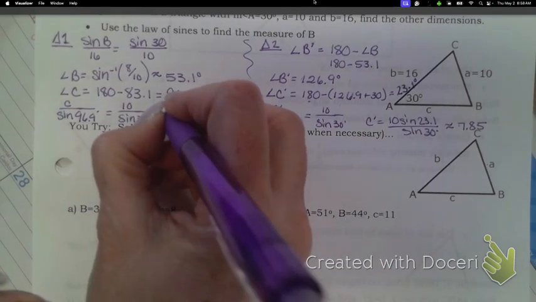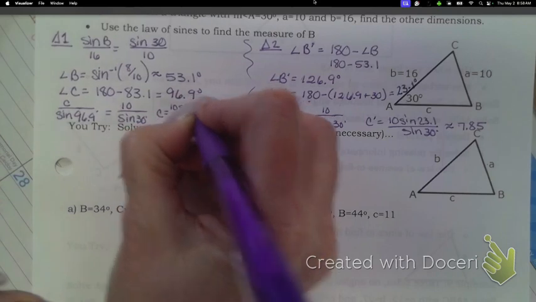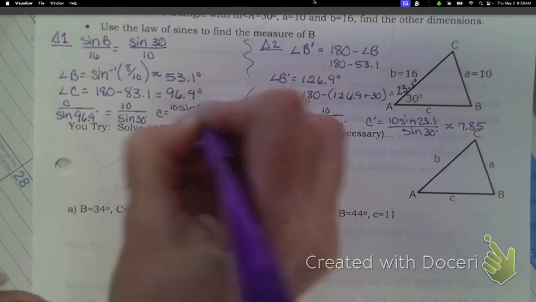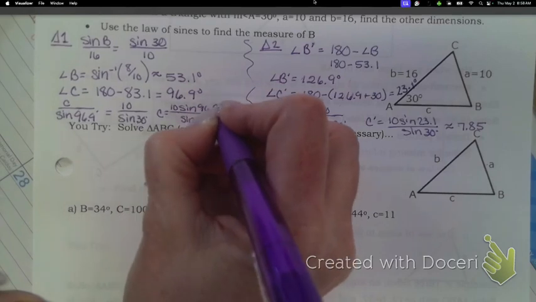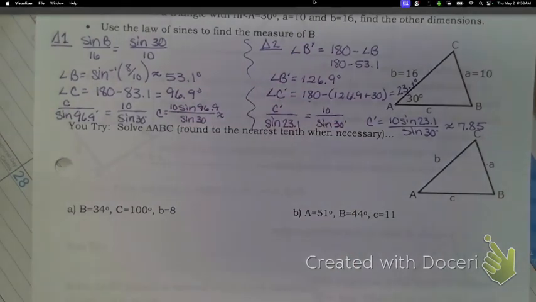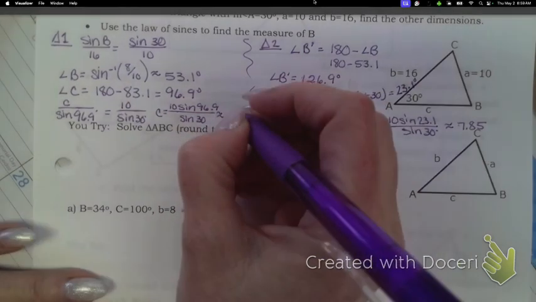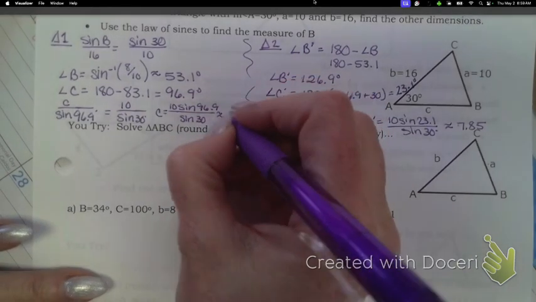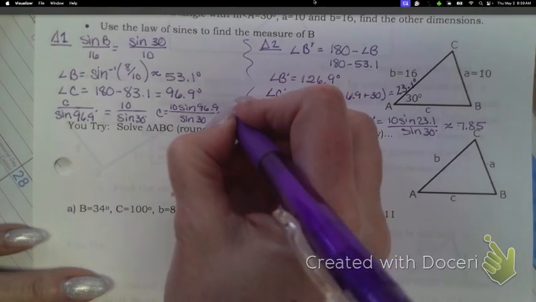So C equals 10 sine of 96.9 over sine of 30. Are you showing a lot of work? Yeah. And I get approximately 19.86. Or if we do 3 significant digits, but whatever.